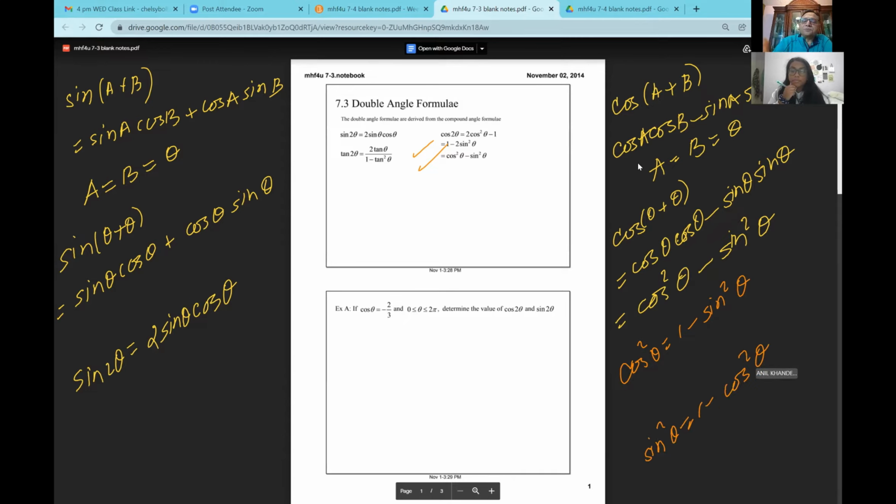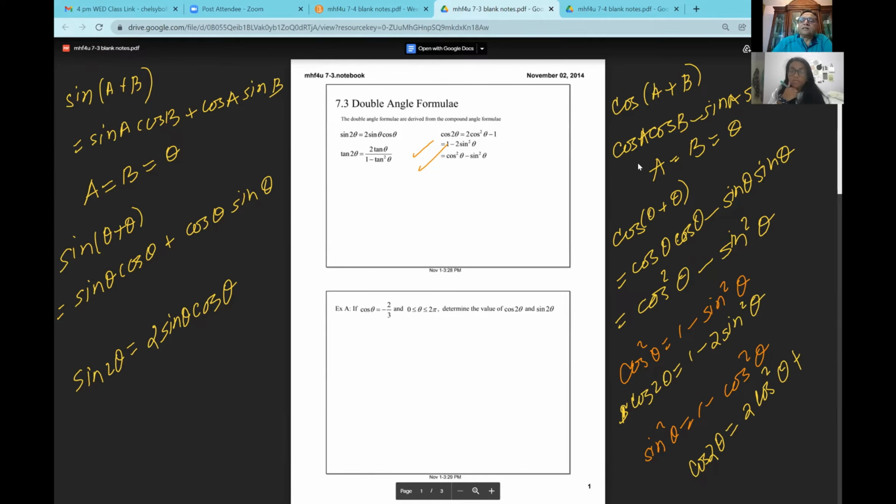If you do these substitutions, substituting cos square theta by 1 minus sine square theta, you will get what? You will get cos 2 theta equals 1 minus 2 sine square theta. And if you replace sine square theta with 1 minus cos square theta, in that case, cos 2 theta will be 2 cos square theta minus 1, right?